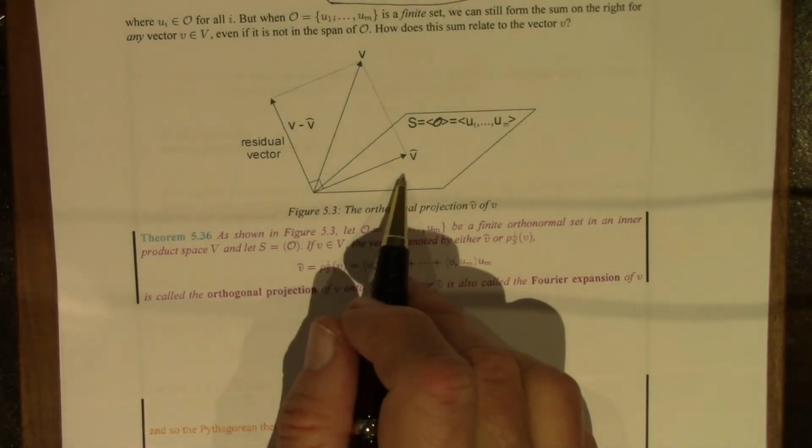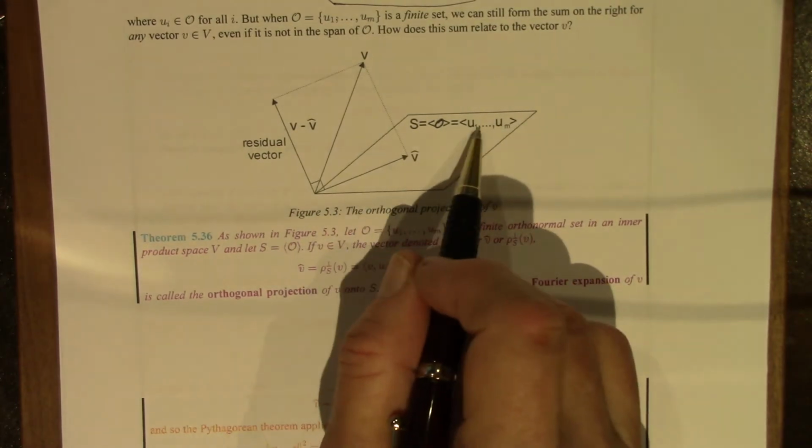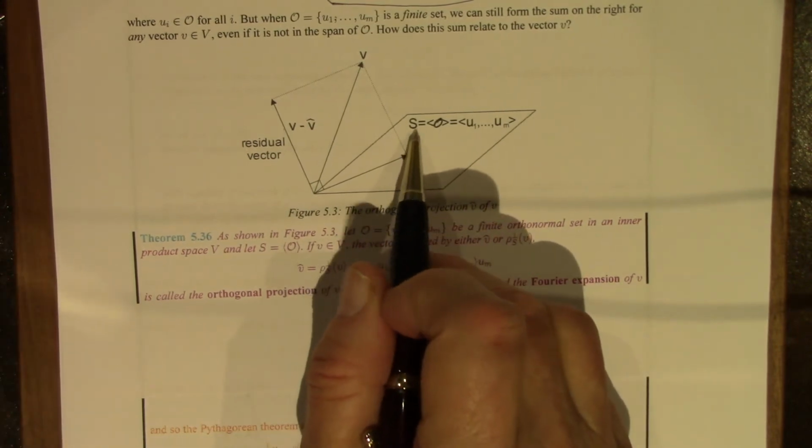Here's a picture. Here is the subspace spanned by O, and I'll call it S for convenience.